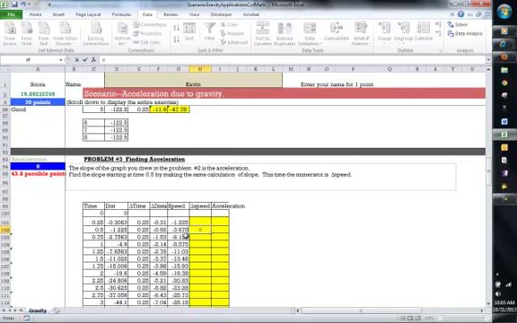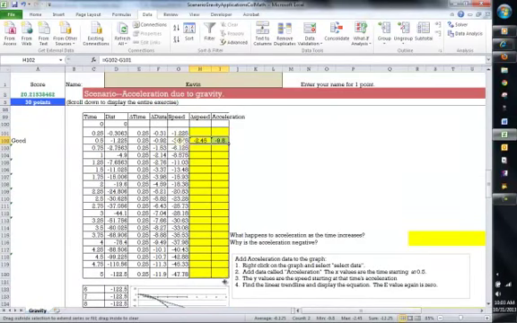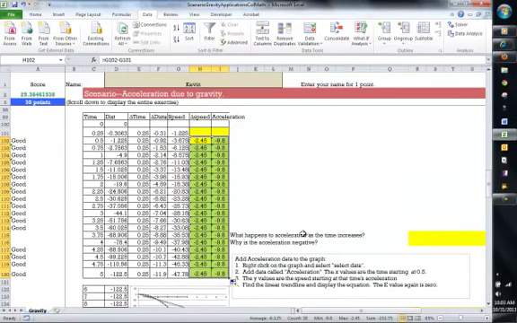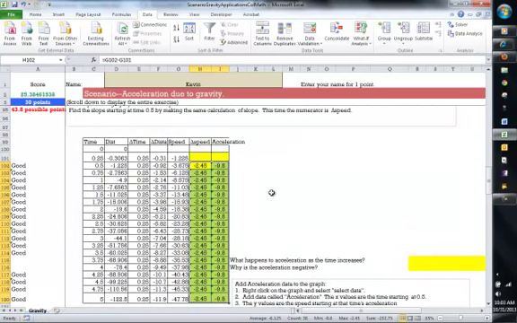We actually have to do it in the second spot because you need to subtract. Change in speed is the speed subtracted from the first one. Acceleration is the change in speed divided by the change in time. And so we can highlight both of those cells and pull them down, and we get our graph.